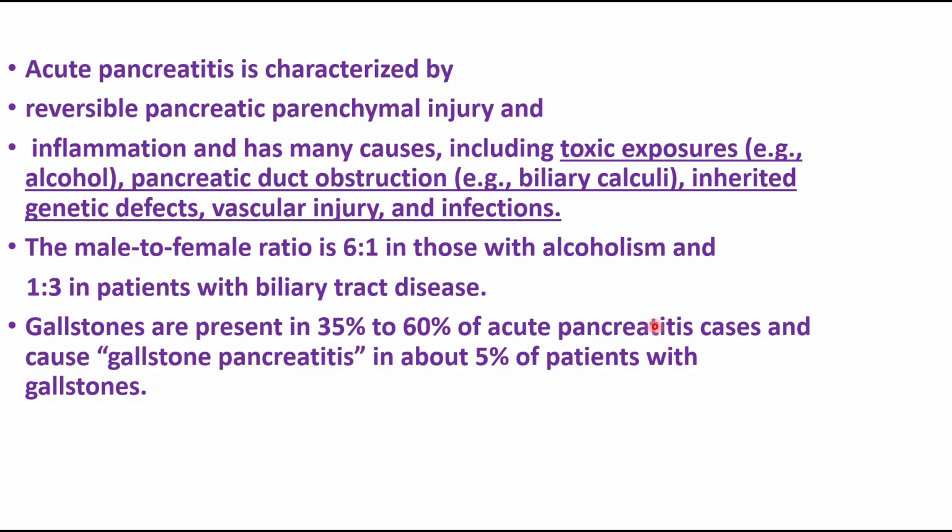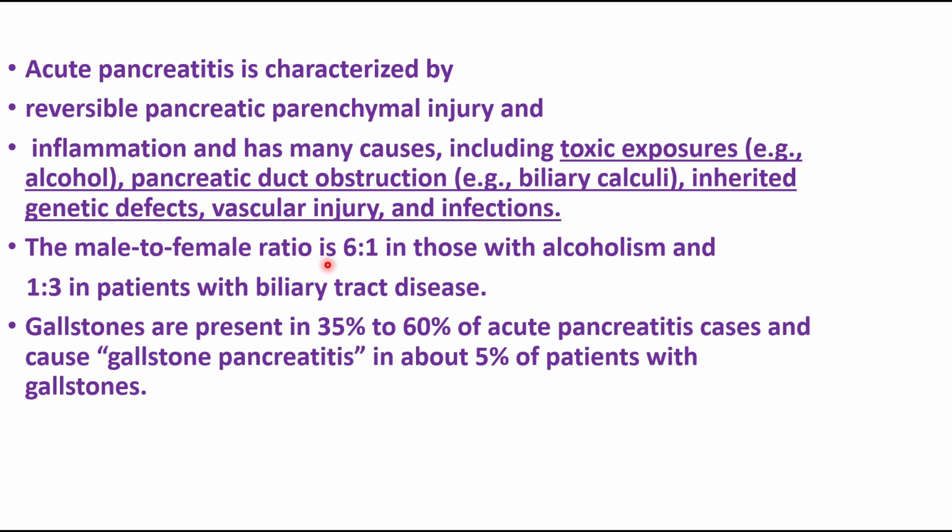Now acute pancreatitis is characterized by reversible pancreatic parenchymal injury, inflammation, and has many causes including toxic exposures, for example alcohol, pancreatic duct obstruction like biliary calculi, some inherited genetic defects, vascular injury and infection.